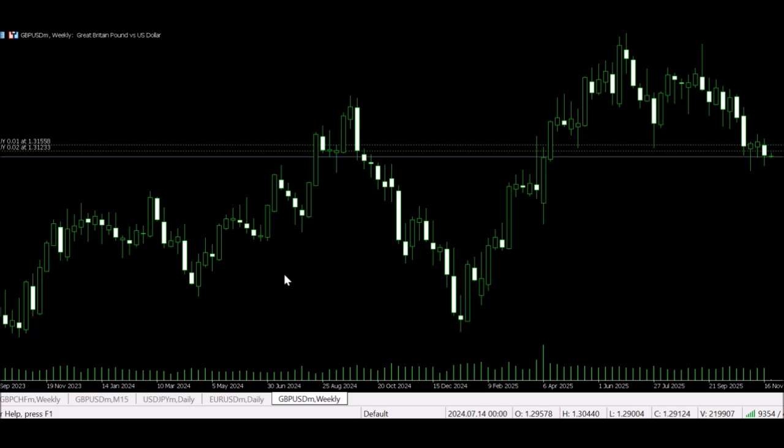So this is the lowest point for the weekly, and this is where we are now. It moved from here and then moved up to this place. That is an uptrend. But the weekly also has its ups and downs, down, up, down, and then up. And then here we are now.